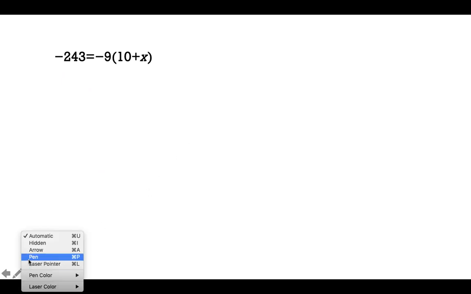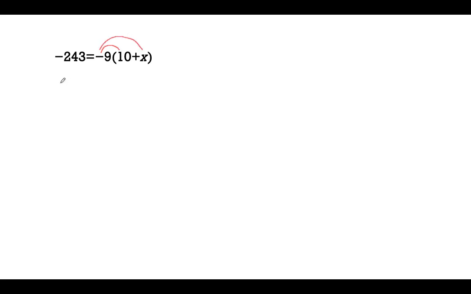Alright, as I said a few slides ago, if you see parentheses, oftentimes you're going to want to distribute first. So let's just distribute. So negative 9, you multiply to the 10 and the x. So you got negative 243 equals negative 90 minus 9. Negative 9 times x is negative 9x. Okay? So now we got to get the variable term by itself.